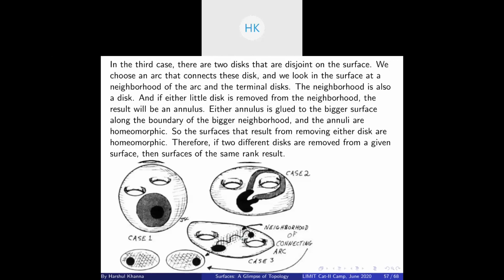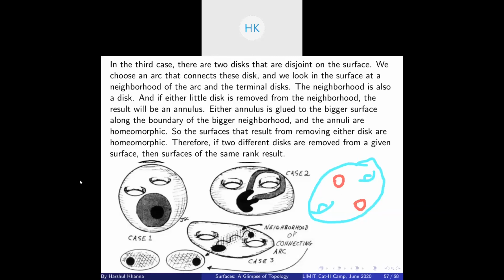Okay, no. Okay, so I'll explain once more. So suppose you have this curve. I have these two discs to be removed. I consider these two discs. We have to show that the rank will be the same if any of the two discs are removed.